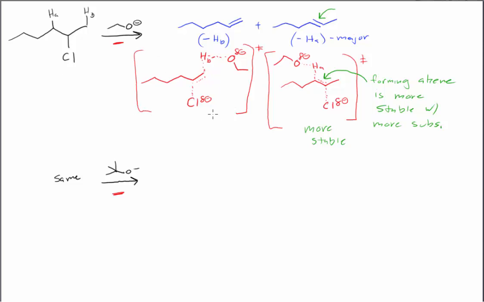And if we look at the alkene that's forming here, this would be called a mono-substituted alkene. And that's going to be less stable than the potential di-substituted alkene. So this one is a less stable transition state.